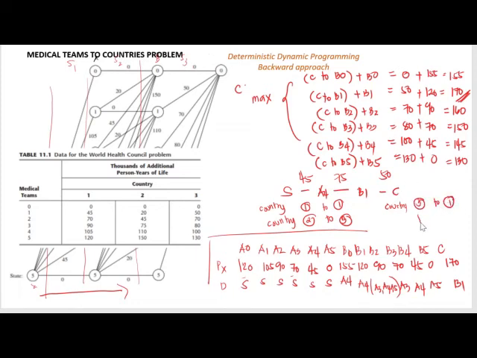Okay, in which you would be getting 170,000 lives that extend the years of life.